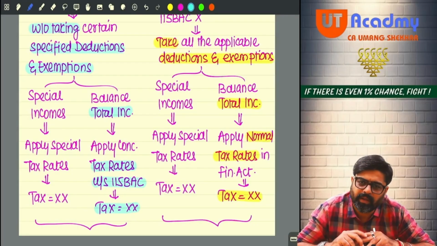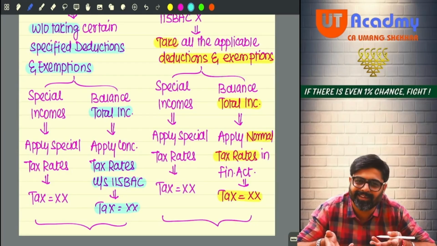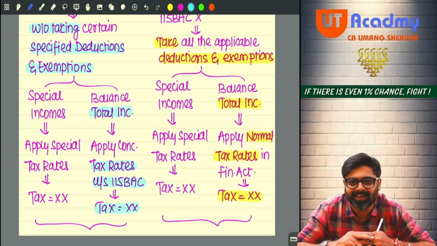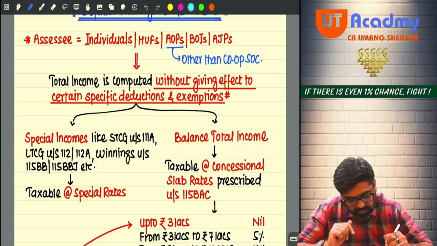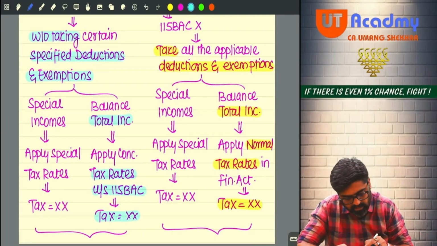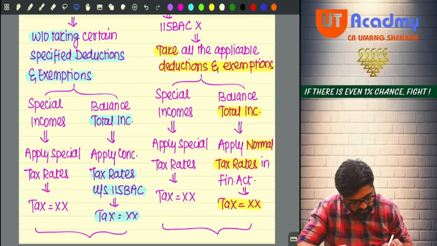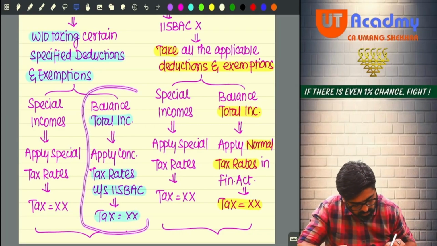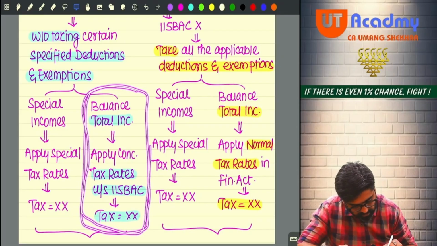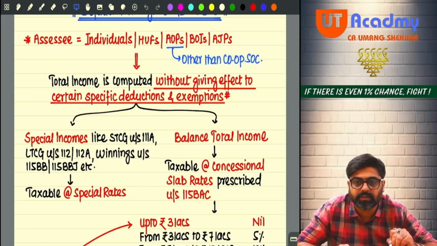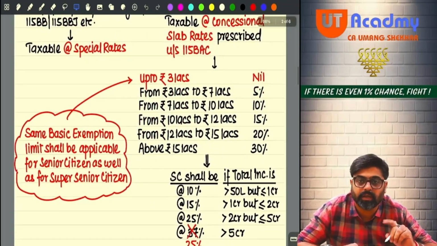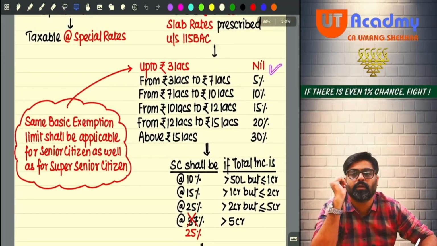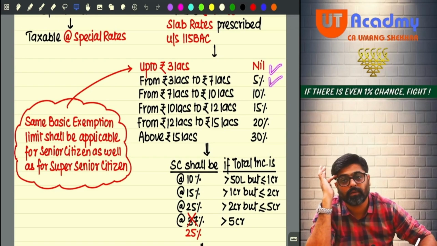Do you know the 115 BAC rates? Yes, we have been doing that only. So what are the 115 BAC rates? These are the tax rates which are going to apply on this balance total income. Concessional tax rates: first 3 lakhs, no tax. 3 to 7, 5%. 7 to 10, 10%.